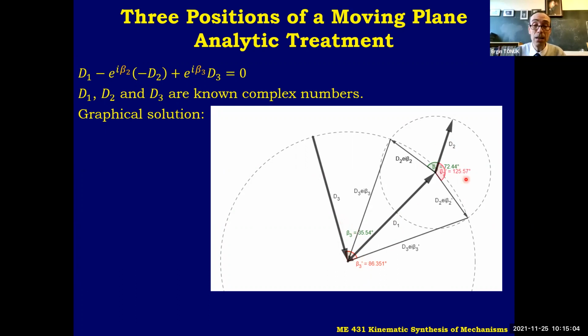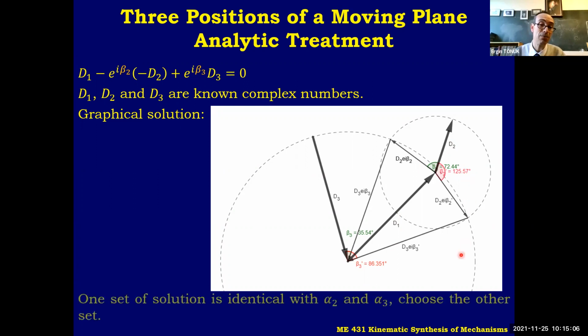Now, it's very interesting that one of those solution sets is identical to alpha 2 and alpha 3, which is not the solution you're looking for. So you will select the other solution. That is actually, the solution is unique, really unique. This set is not the one you're looking for.